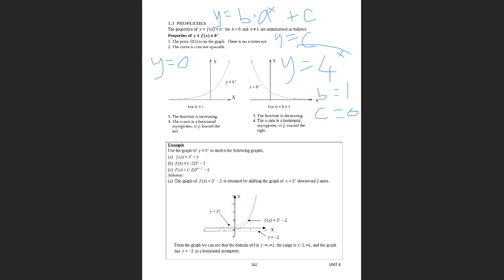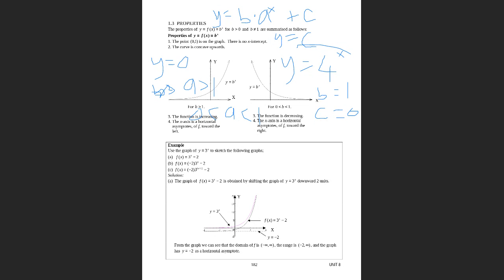And we also have to note that anytime your base, which is a, is greater than 1, your graph is an increasing function. And anytime that your a, that is your base, is between 0 and 1, your graph is a decreasing function.